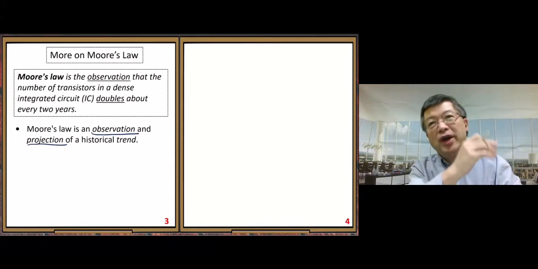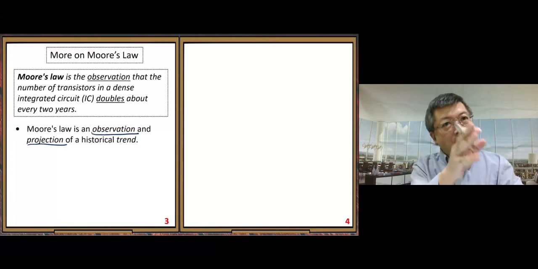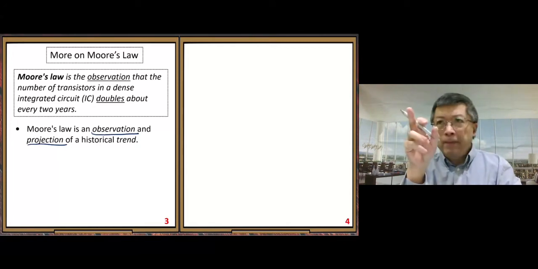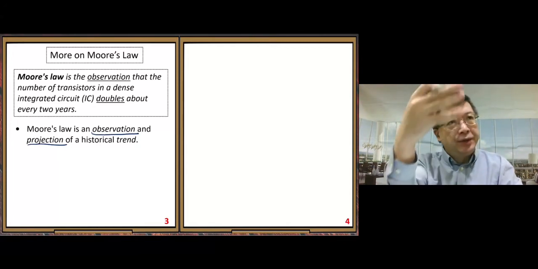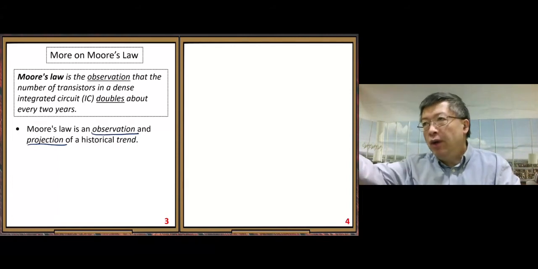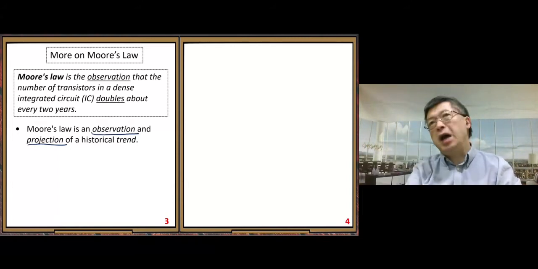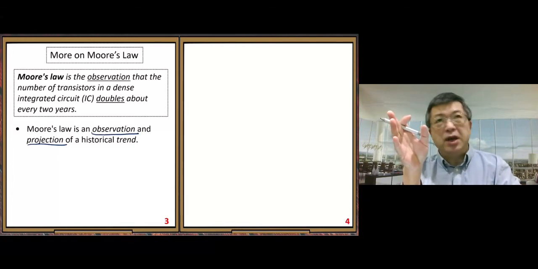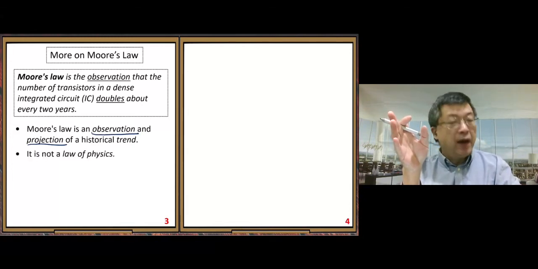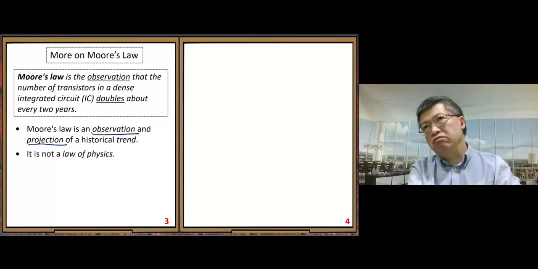Why do we say it this way? Because from the name Moore's Law, it is very easy to connect it to a scientific law or physics law. It's not. Although we call it Moore's Law, it is not a scientific law. It is not a law of physics.